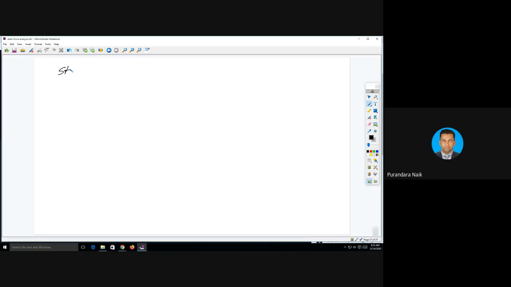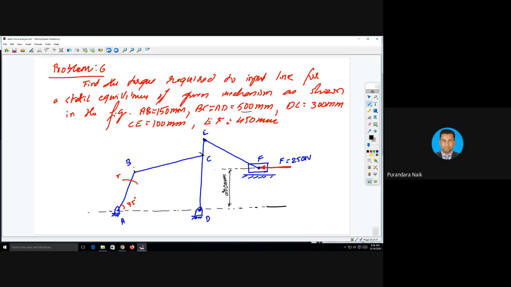Step 2. Free body diagram. Okay. So in the previous figure, you need to give link numbers to the links, but I'm giving the link numbers in the first figure itself.